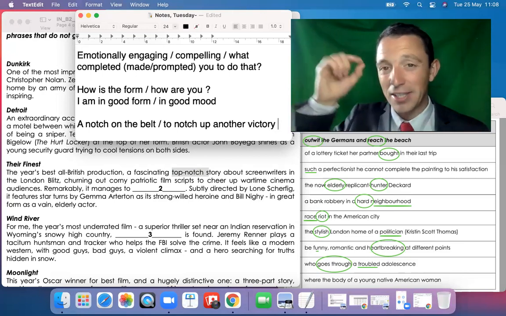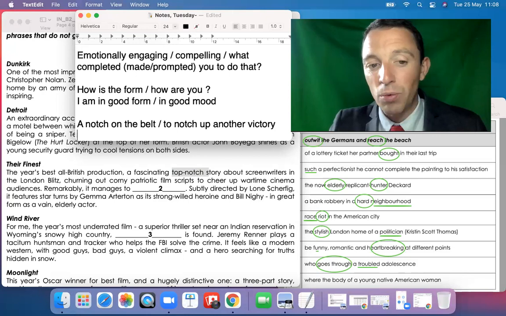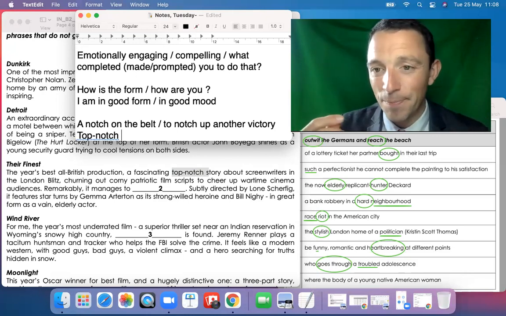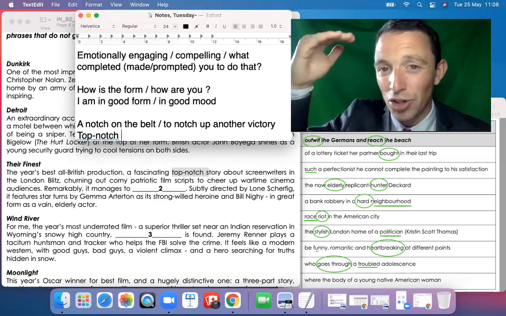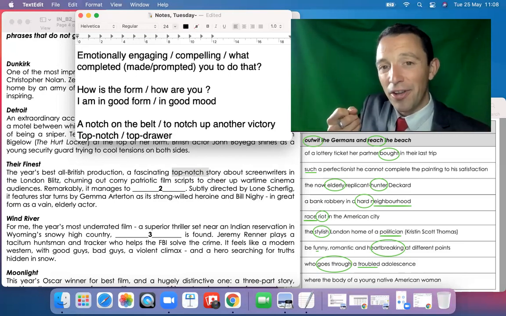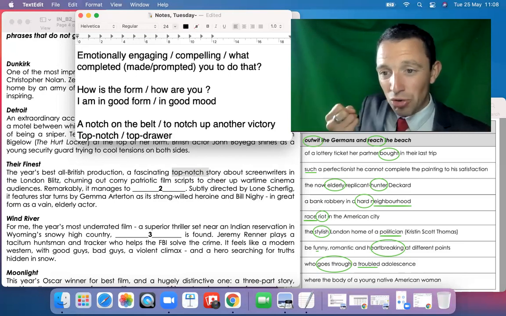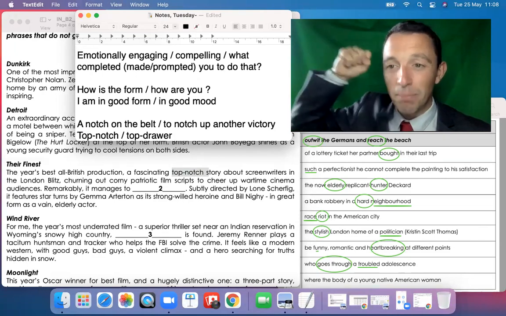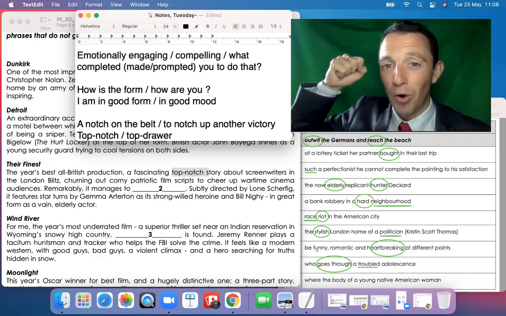Okay, so in this context of the notch on the belt, we would say top notch means best quality. Okay, so the movie is top notch, it's the best quality. Another expression here is to say top drawer. So remember, the drawer is the cajón in Español. And if you have a drawer and you have the top drawer is typically where you place the most important items or the most important things.